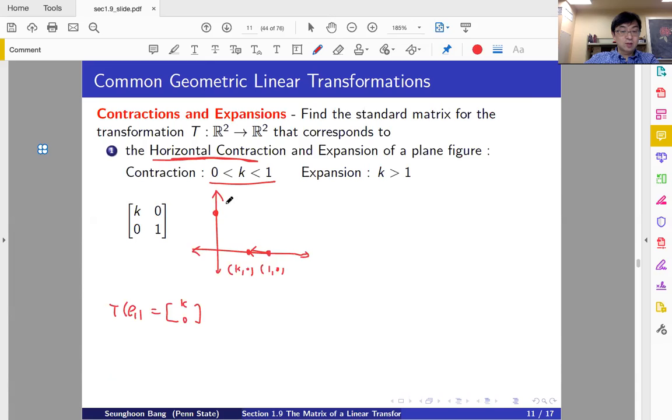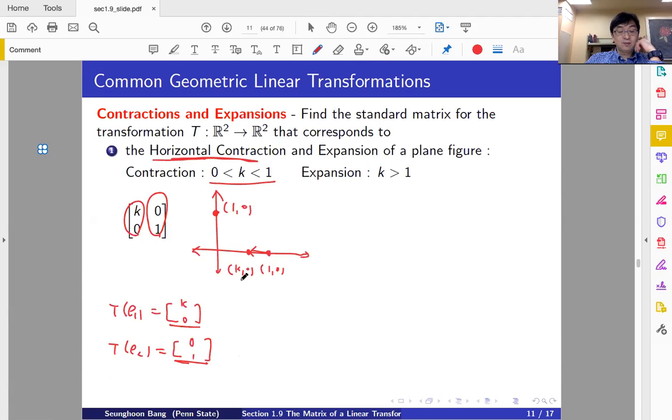Next one, this point is (0, 1). The horizontal contraction doesn't move it, the same. So we have T(e2) equals (0, 1), doesn't move. So what does the matrix say here? T(e1) is this one, T(e2) is this one, exactly K, 0, 0, 1.